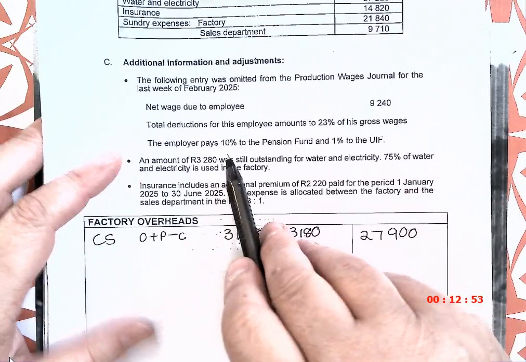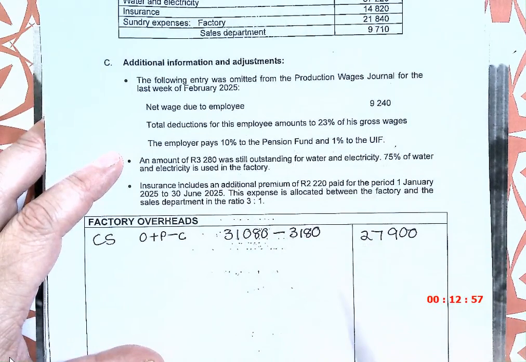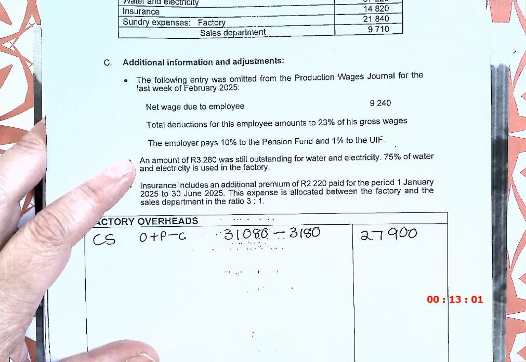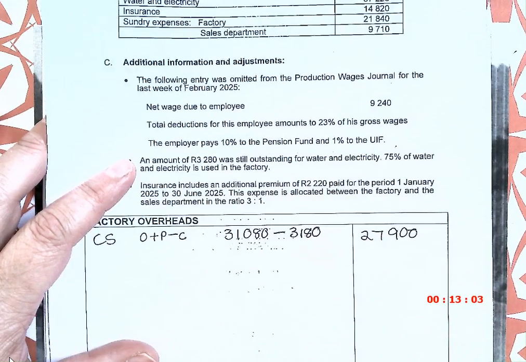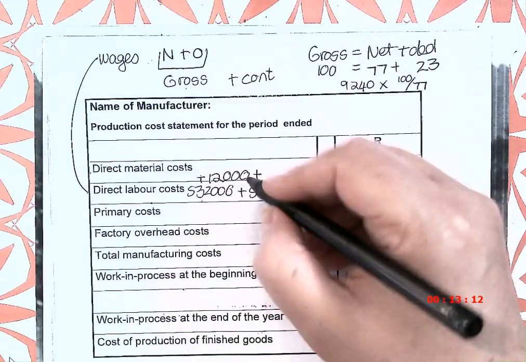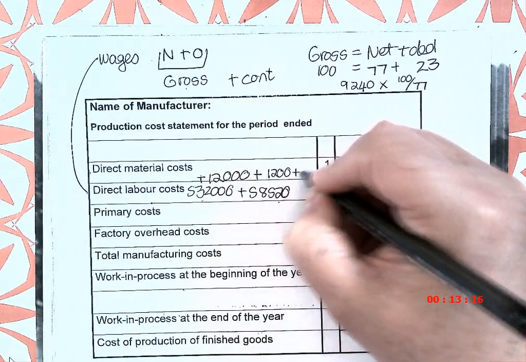Now I still need the contributions. They say they pay 10% to the pension and 1% to the UIF. They don't say if it's on gross or net, so you assume it's gross because it's always on gross. The net would be an exception to the rule. So 10% of 12,000 is 1,200, and 1% is 120.